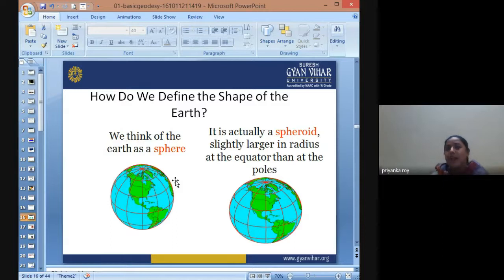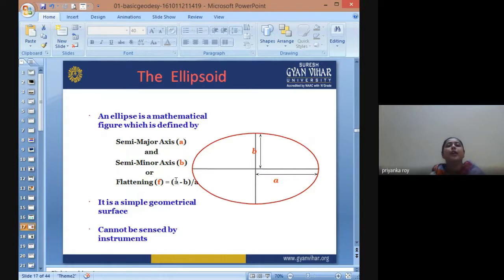It is slightly larger in radius at the equator than at the poles. So then we have the ellipsoid. An ellipsoid is a mathematical figure defined by the semi-major axis and semi-minor axis.